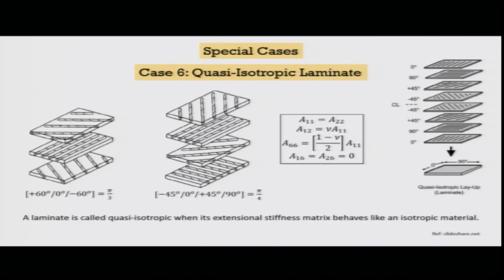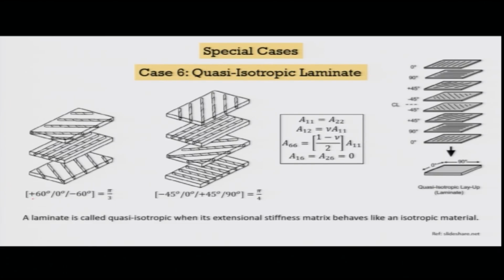Now, we have another very special case system, which is known as the quasi isotropic laminate. Why is it called quasi isotropic? It is because it behaves almost like an isotropic laminate in the planar direction, but not in the out of plane direction. That is why it is not fully isotropic, but pseudo or quasi isotropic. Now, you need very special angle conditions for it.